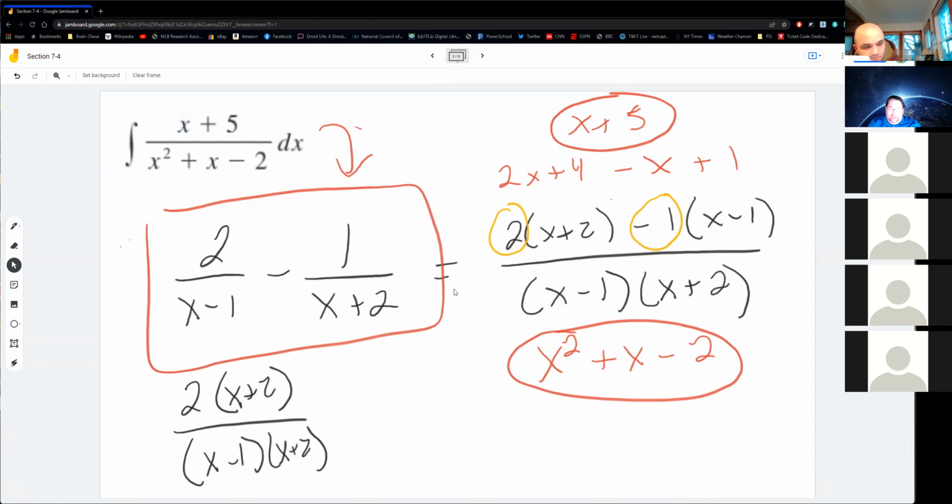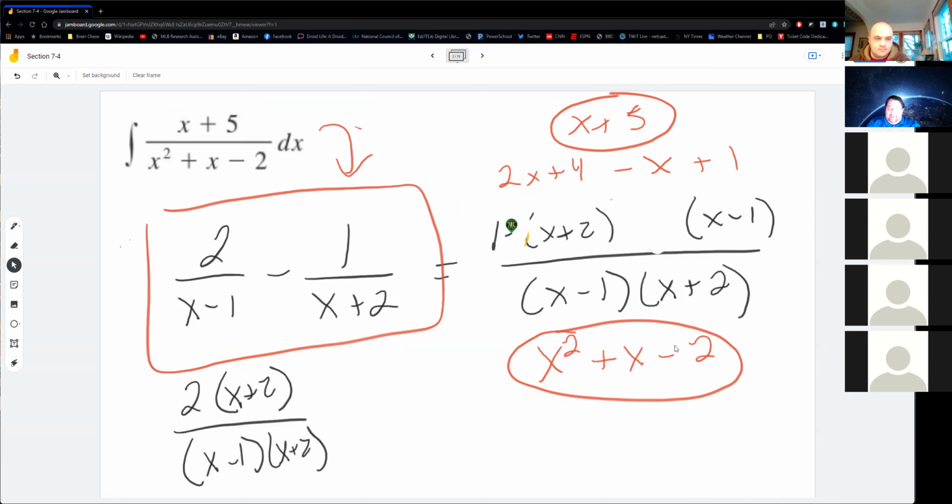So if we look at this step here, this was the original problem when I basically said that this and this are the same because I multiplied it out, correct? So in this problem, I have the x plus 2 and the x minus 1. However, in my problem that I'm trying to solve, I don't know what these two numbers are.